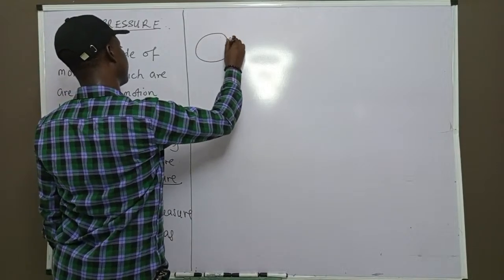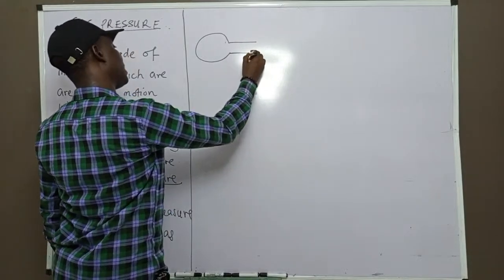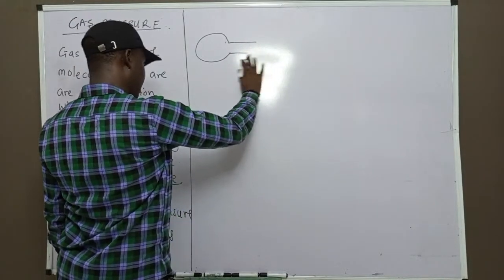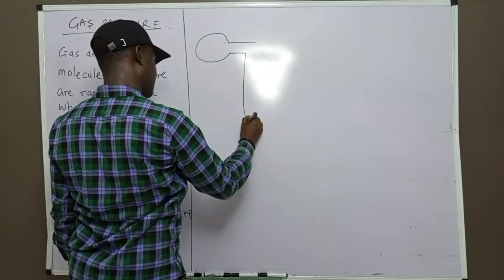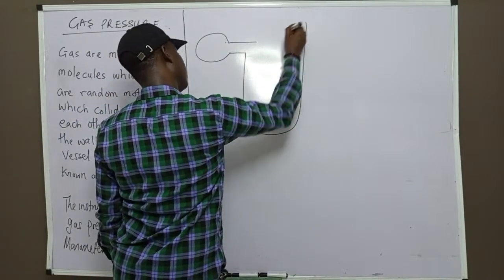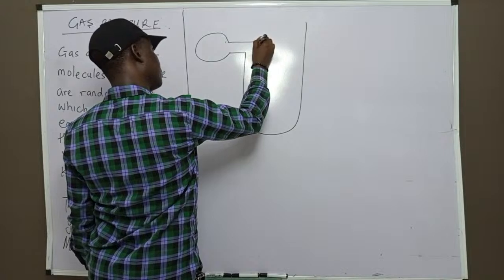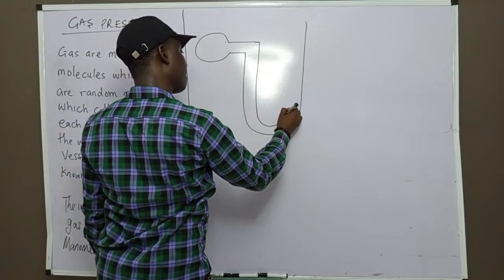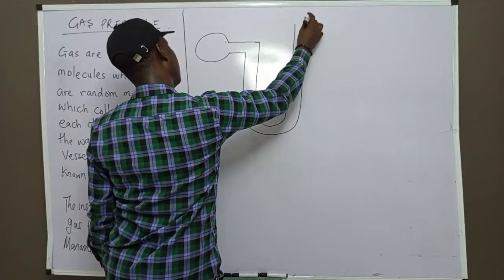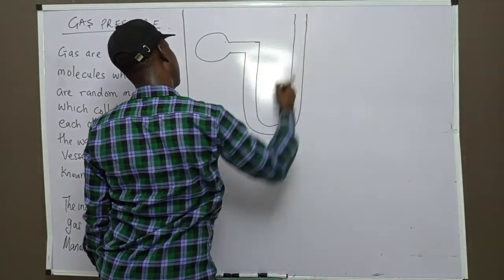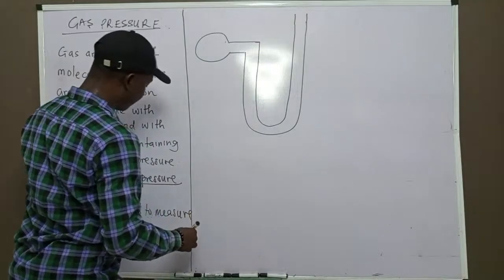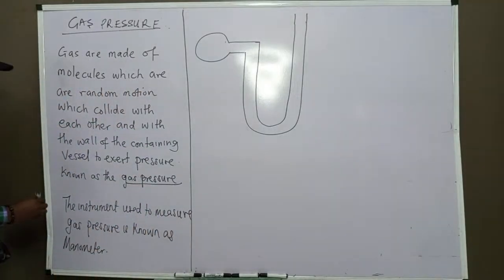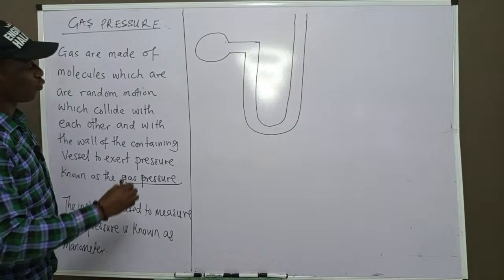Now let us draw a simple diagram of how a manometer is. Let's just draw a sketch. Let's say we have something like this. Whenever you are using a manometer, we use one liquid.